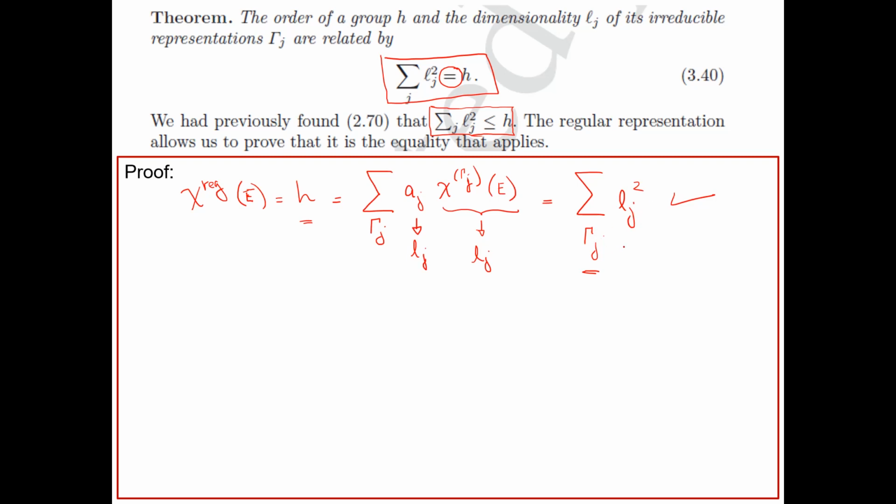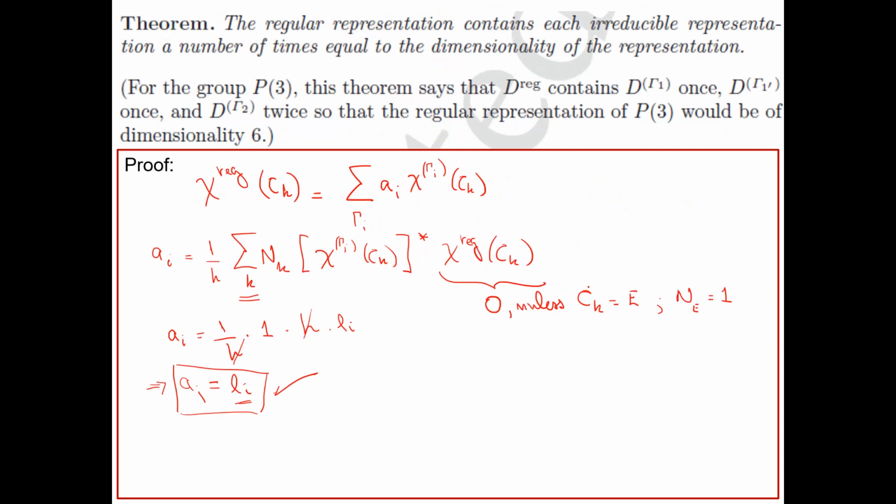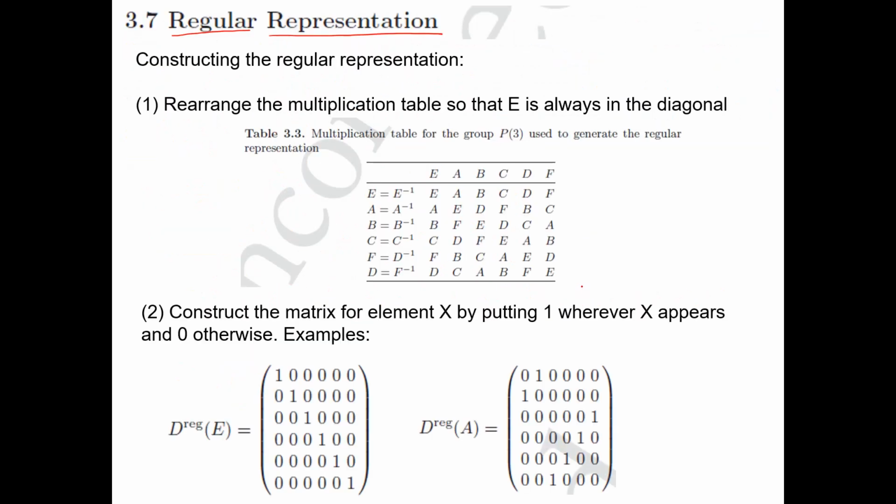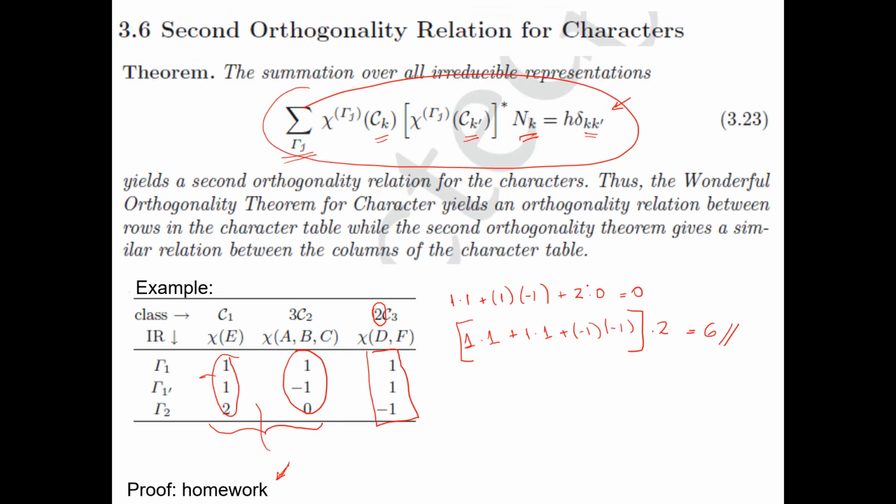But before we finish this lecture, let me just show an example of this relation again for the group P3. Let me just show that it holds for group P3.